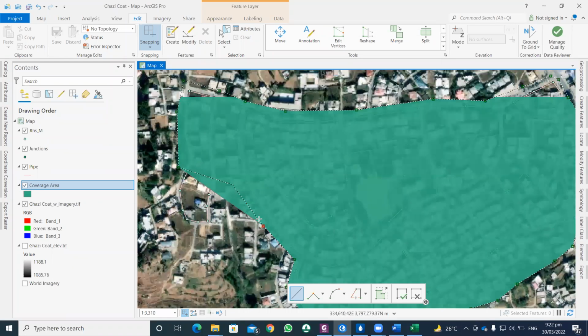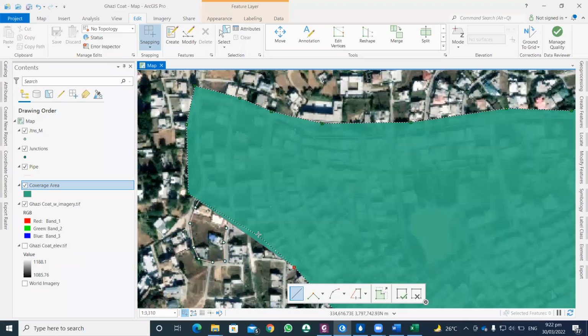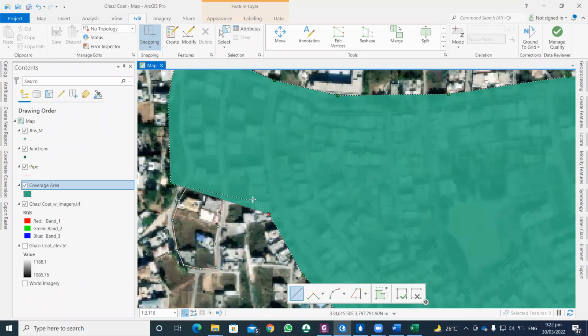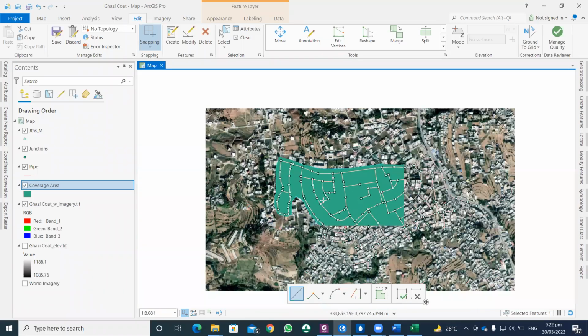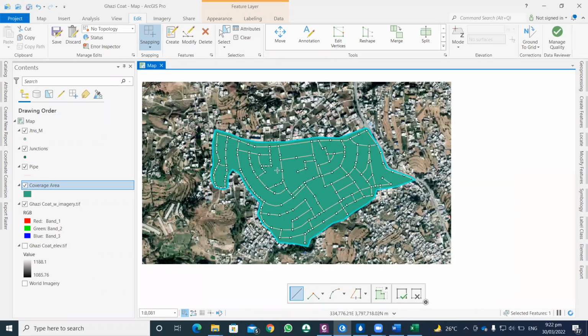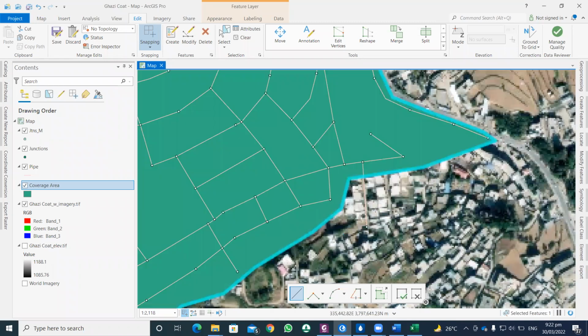Therefore, I'm not showing you how to manually calculate a demand using GIS. This is the whole coverage area. So what I have to do, let me edit, modify.